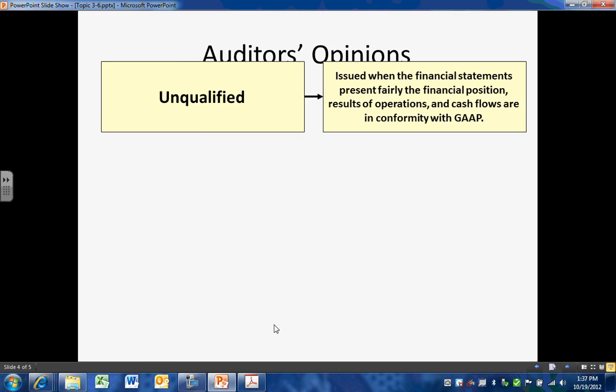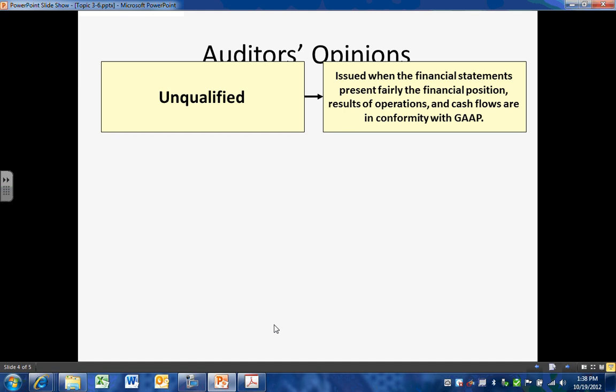In addition, in order to further reduce information risk, outside auditors look at the financial statements and express an opinion. The most common form of opinion you're going to see, and that's the case 99.9% of the time, is the unqualified opinion. This means that there are no issues and that the auditor's opinion is that the users can rely on the financial statements.